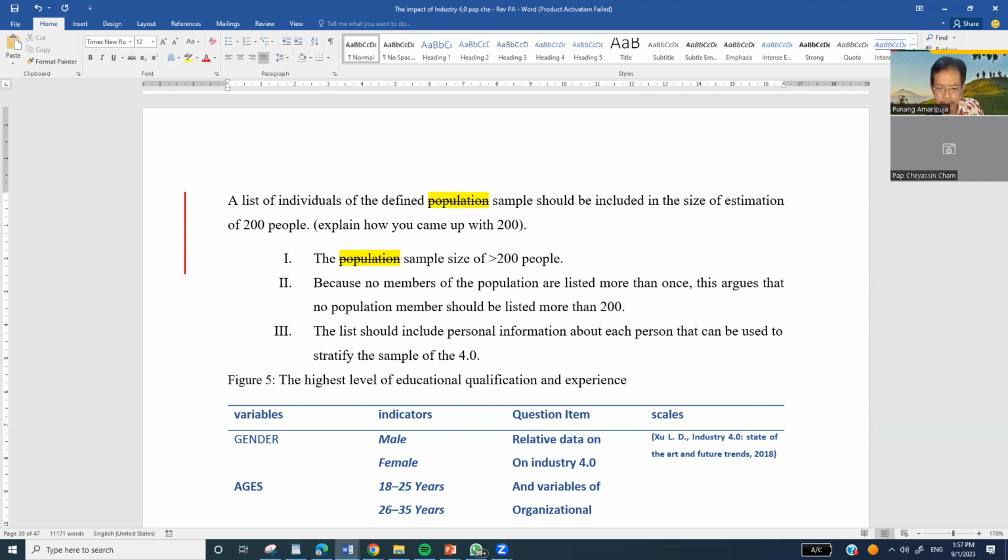Would you be surveying each individual company? So there would be 200 companies, or is it 200 people? It's people, not companies, because if I go for the companies, it would be very hard for me to get information from various companies.